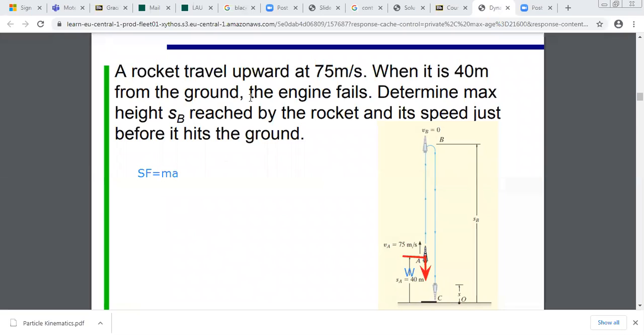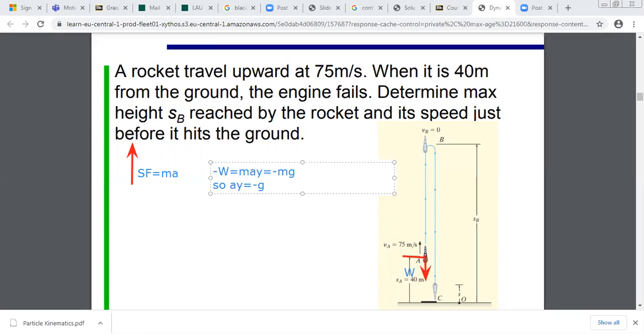And here I only have motion in y direction. So if I consider y direction, I have only minus w, minus weight, equals ma, and weight is mg, so minus mg equals ma. So I deduce that ay, since here I only have acceleration in y, is equal to minus g.